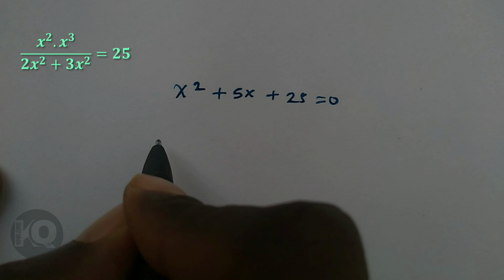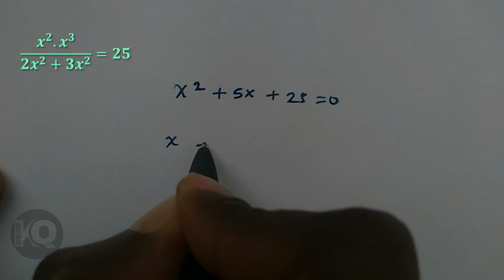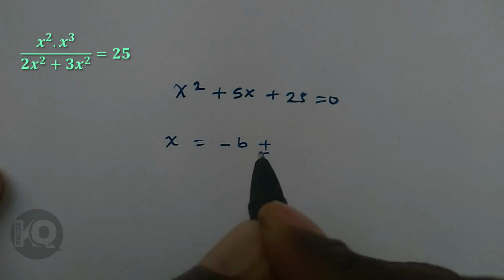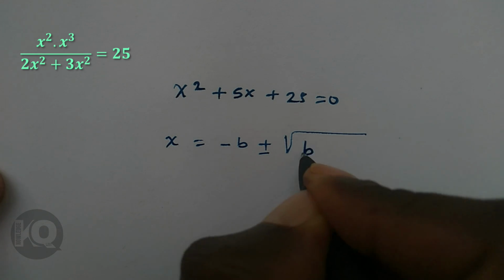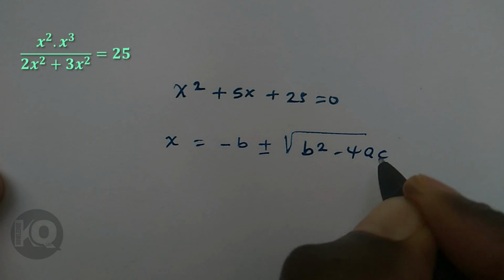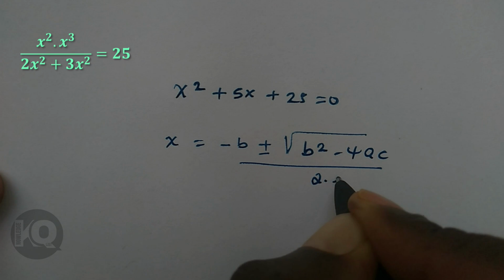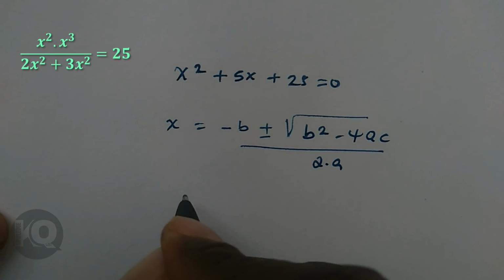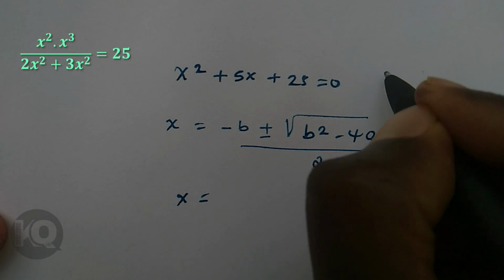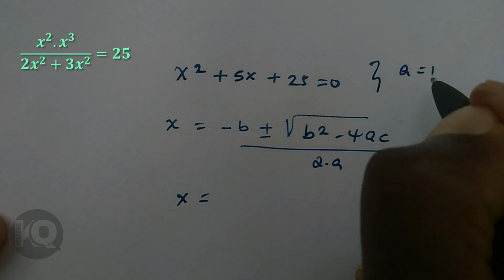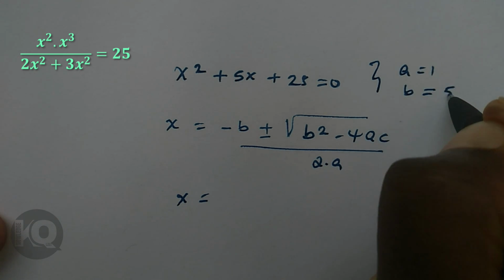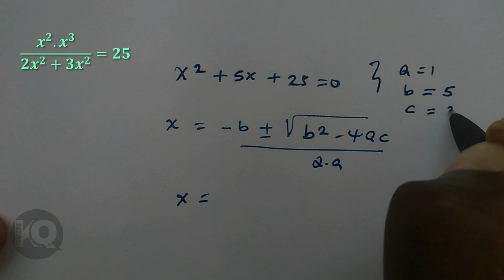So by using the quadratic formula, x is equal to minus b plus or minus the square root of b squared minus 4ac, divided by 2a. From here, a is equal to 1, b is equal to 5, and c is equal to 25.